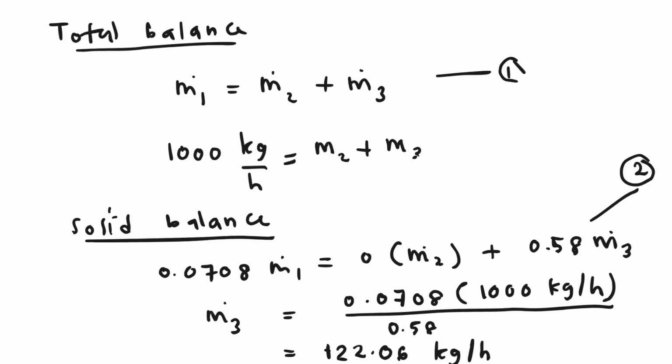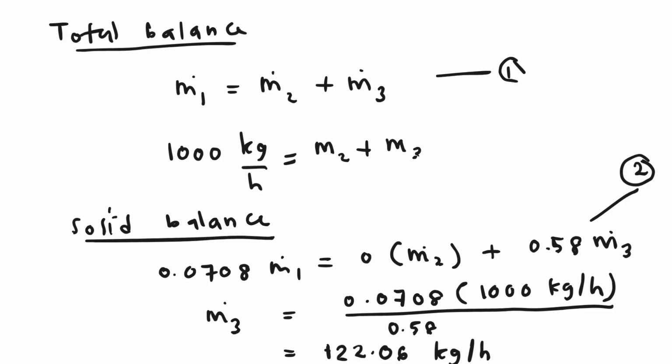Now we do the solid balance. In the incoming stream M1, we have 7.08% of solid, which is 0.0708 M1. This is solid incoming. In M2 there's no solid, and in M3 we have 58% of the solid.